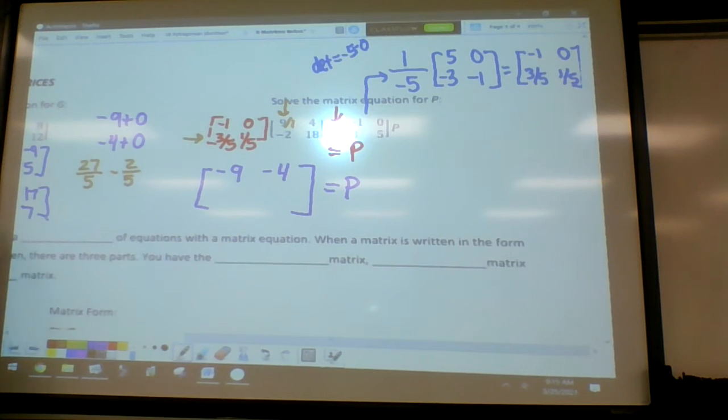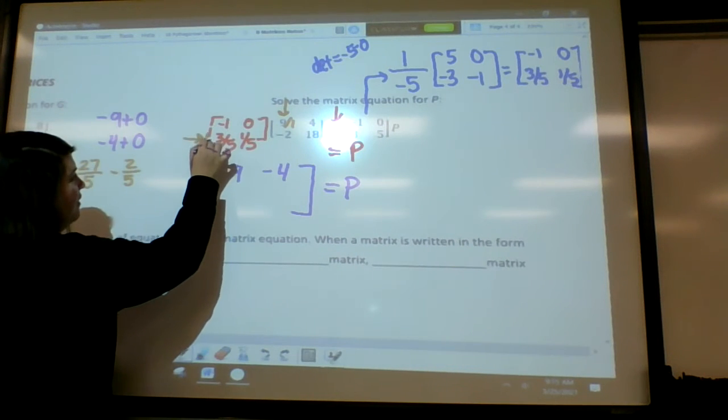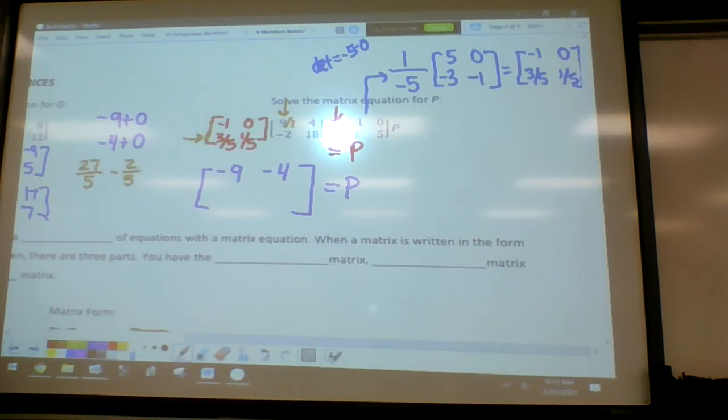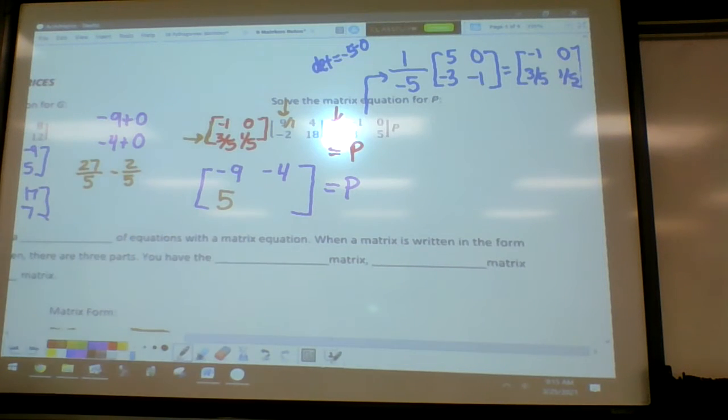And then subtract. What's 27 over 5 minus 2 over 5? No, that's the matrix there. It got erased a little bit. That's not a negative. Yep, sorry. Yeah, 27 minus 2 is 25. 25 over 5, because remember when you add or subtract, you keep the denominators the same, right? 25 over 5 is just 5. Yeah, just 5.